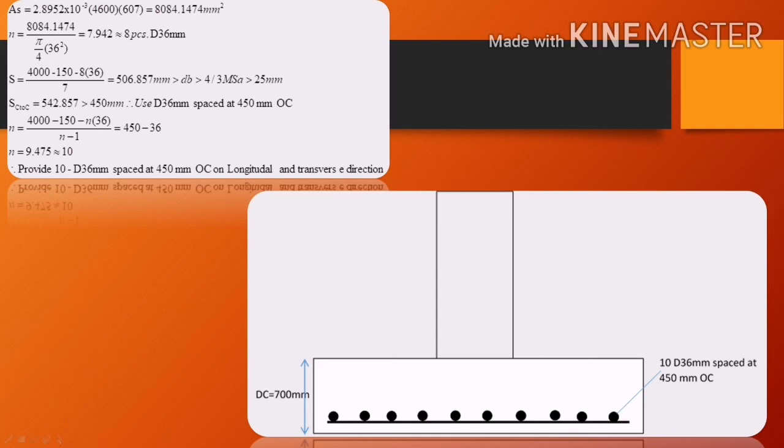Therefore, use D36 mm spaced at 450 mm OC. We would now compute the new value for N, which will be equal to 10 pieces. Therefore, we would provide 10 pieces D36 mm spaced at 450 mm on center in the longitudinal and transverse directions.